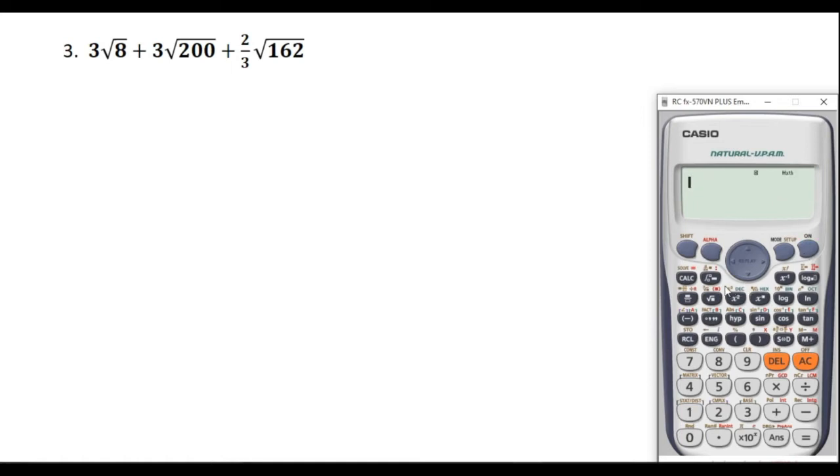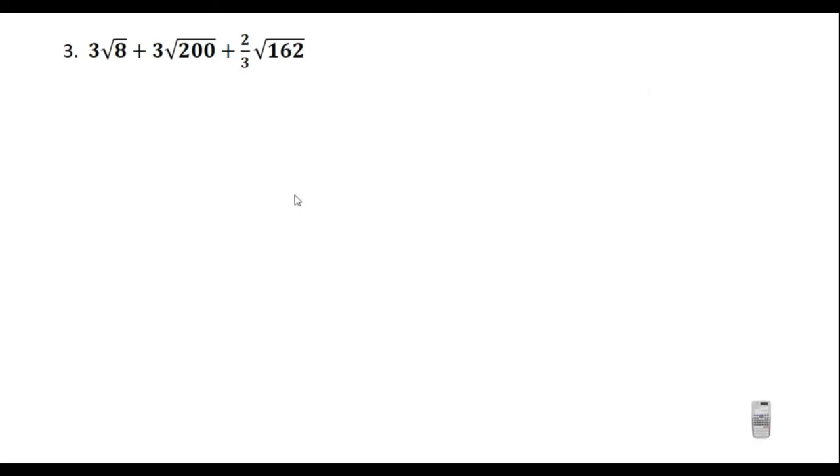Then for 162, we punch 162 on the calculator, and we are getting 9 root 2. The perfect square we are looking for is 9 squared, which is 81, then times the other number, which is 2. So 81 times 2 for 162. So you replace that with what you have here.